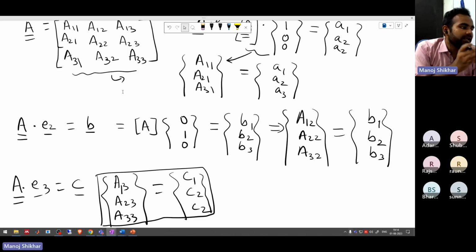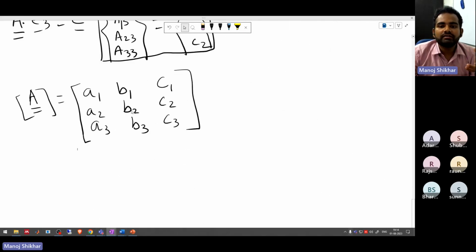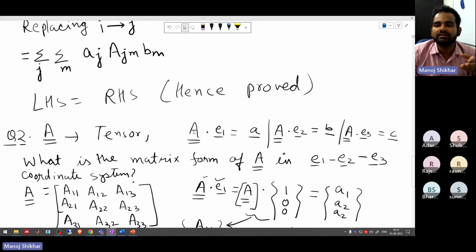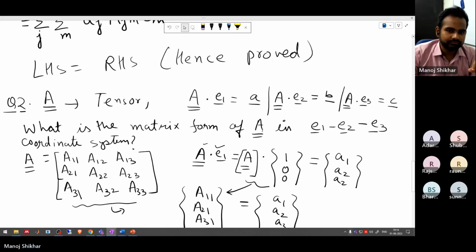So T1 is basically the traction vector on a plane which has normal in the direction E1. Similarly, the second column is replaced by the traction vector on a plane which has a normal in the direction E2 and so on. So this is quite useful. It was a similar kind of question. If you replace it by sigma and this by T1, you will be able to see the correlation.